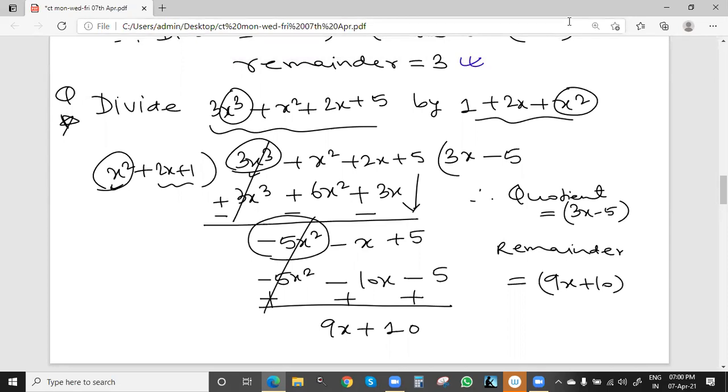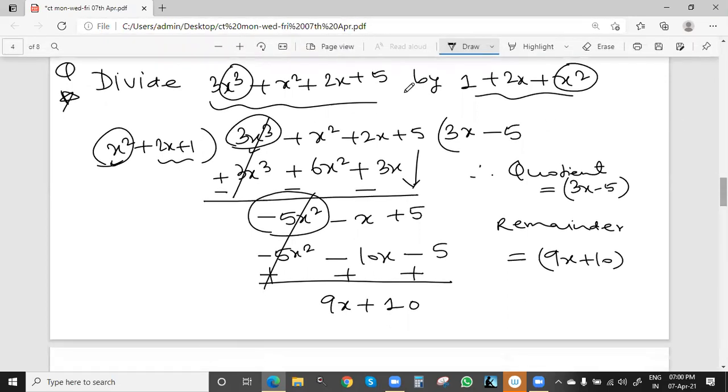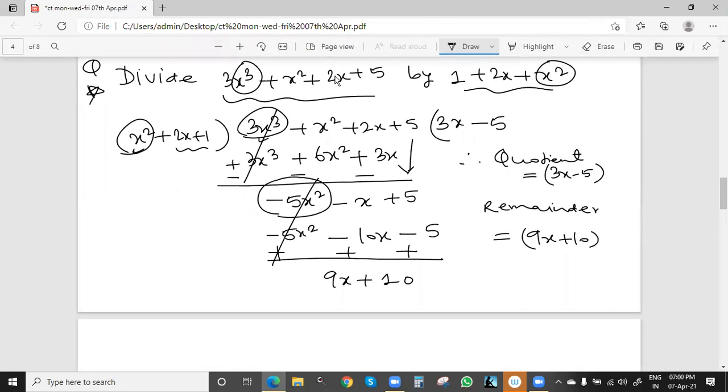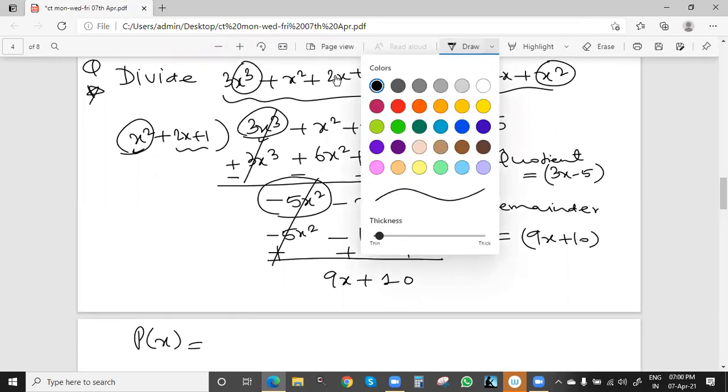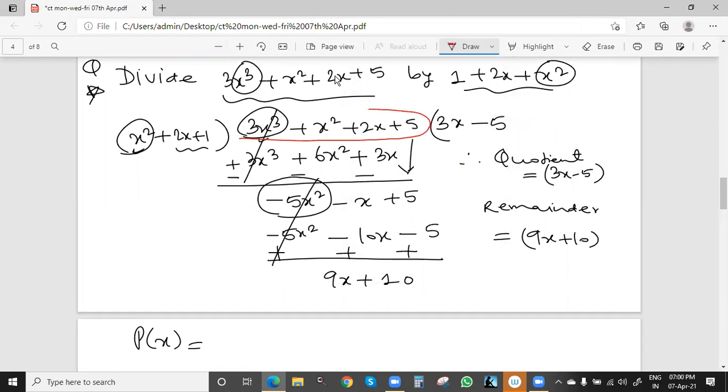Now we can write this equation in terms of polynomials in x. We can write the dividend as p(x), the divisor as g(x), another polynomial in terms of x, the quotient as q(x), and the remainder as r(x).